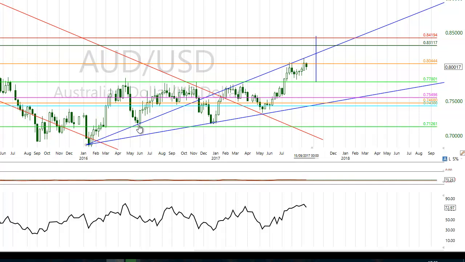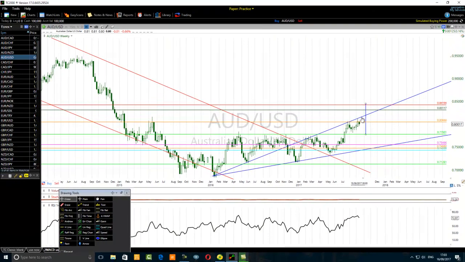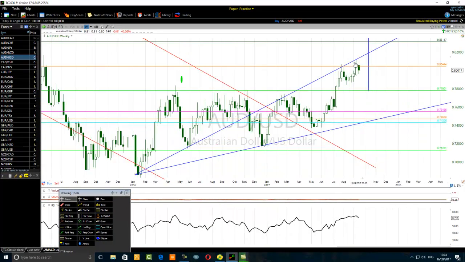By connecting those two points, we have this trend line here. That's the blue trend line. You see that the price hit that trend line and found a resistance. So there is a bit of resistance just a little bit above the midpoint target. So if you are buying, or you see a bullish trading setup above the 0.80444, you need to be aware of that trend line.